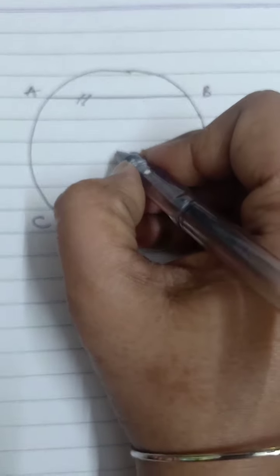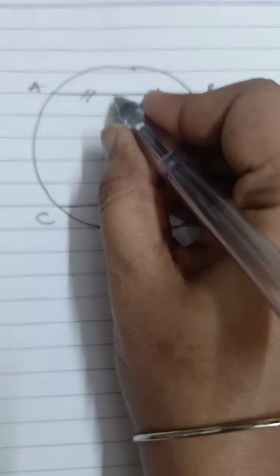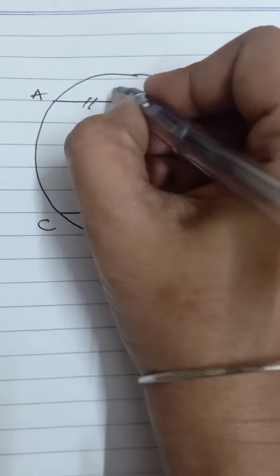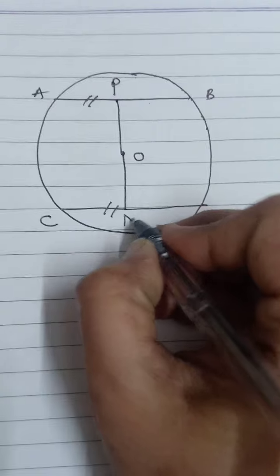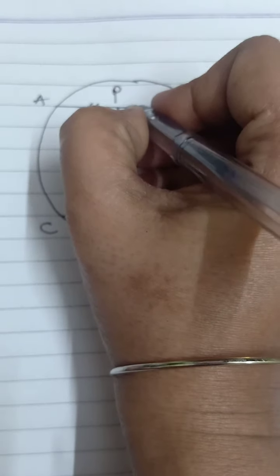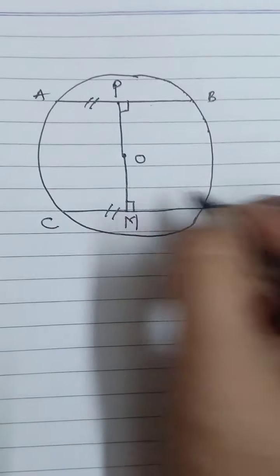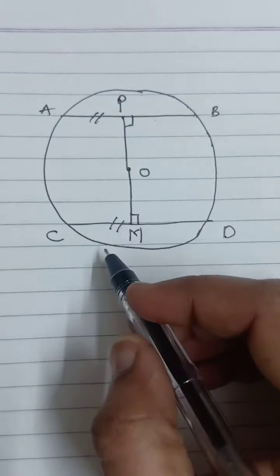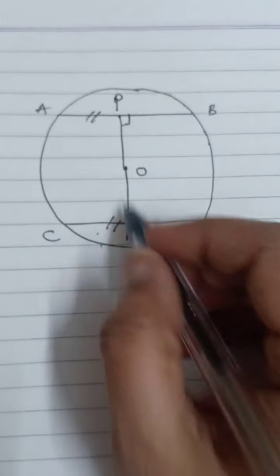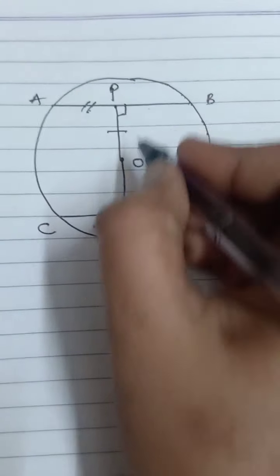Then the distance of these chords from the center, if I take here, the distance is OP and here the distance is OM. So definitely we know the distances are perpendicular. Whenever two chords are congruent, then their distances from the center will also be congruent.